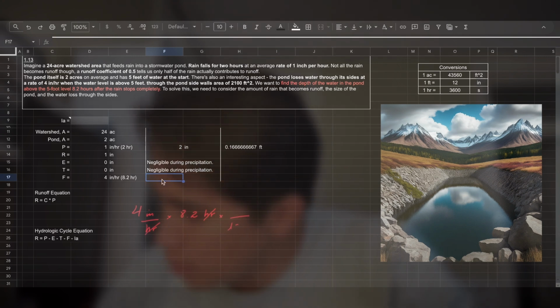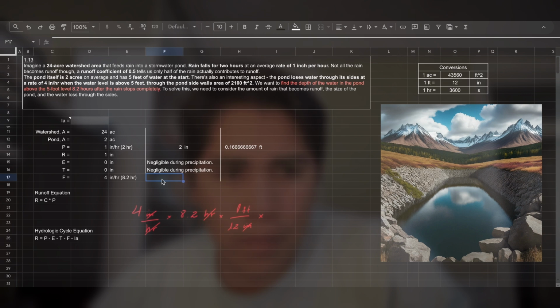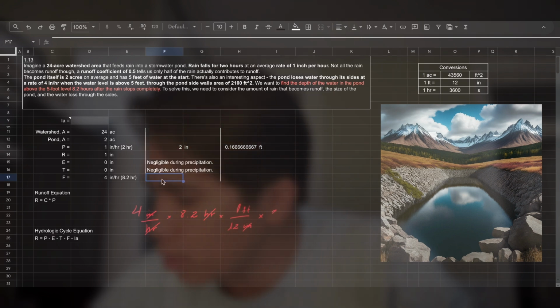Now there are 12 inches in 1 foot, so that's going to cancel the inches and leave us with feet. And if we want it in cubic feet, we need to multiply by the area, which is given: the area of the walls of the pond is 2,100 square feet.